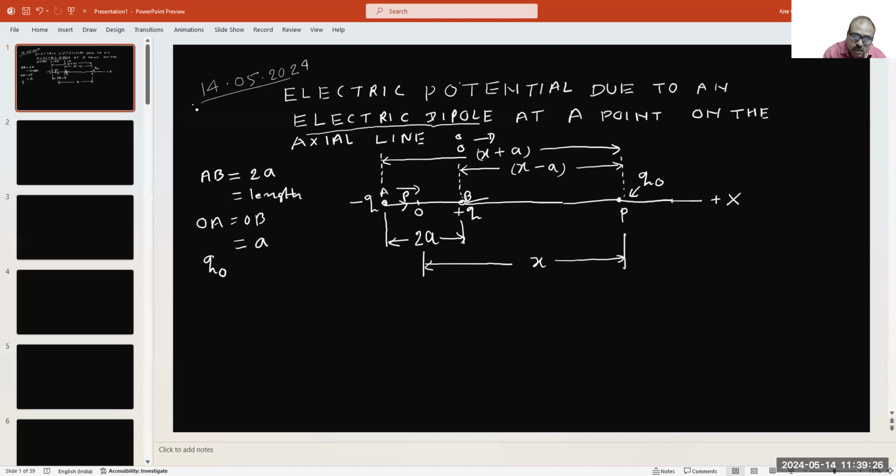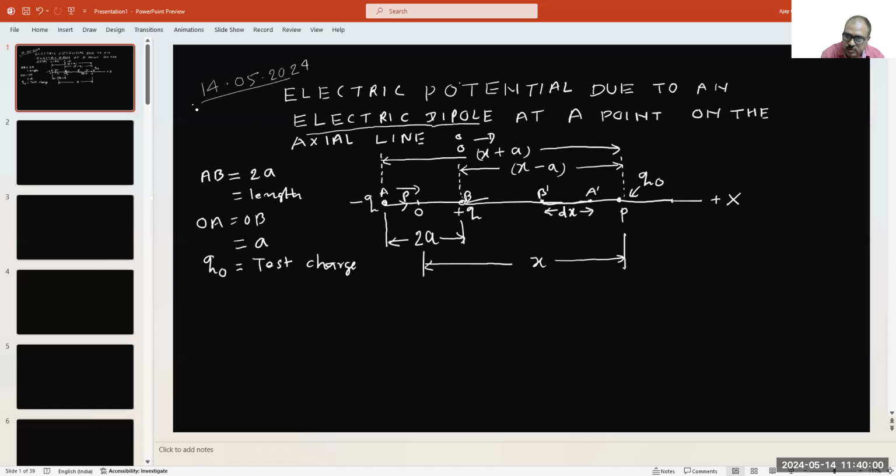Now suppose this test charge is moved from one point to another, from A dash to B dash, any new name. The test charge has been moved from A to B by a very small distance dx.